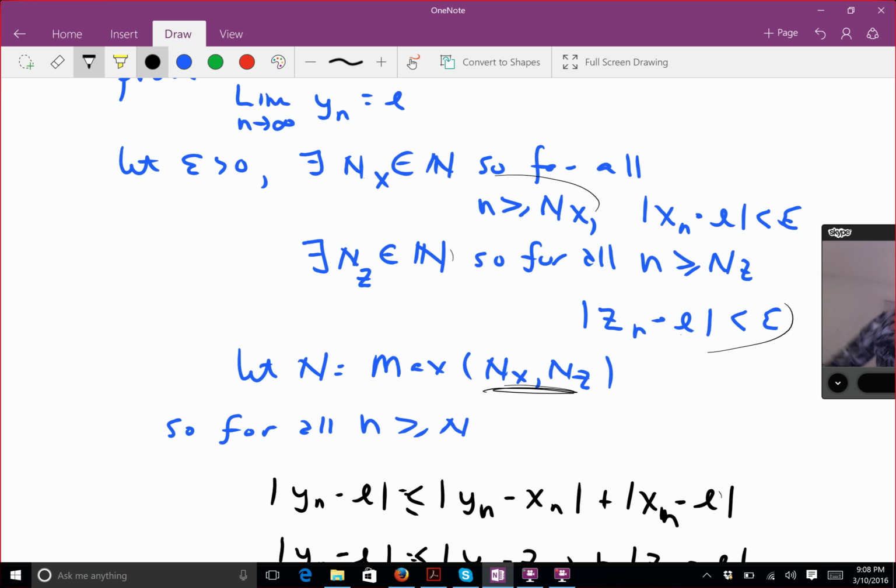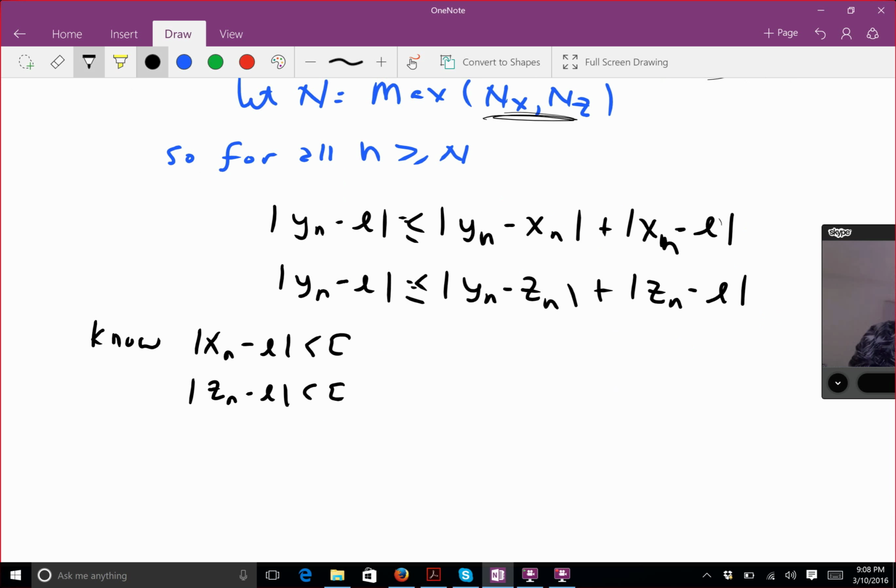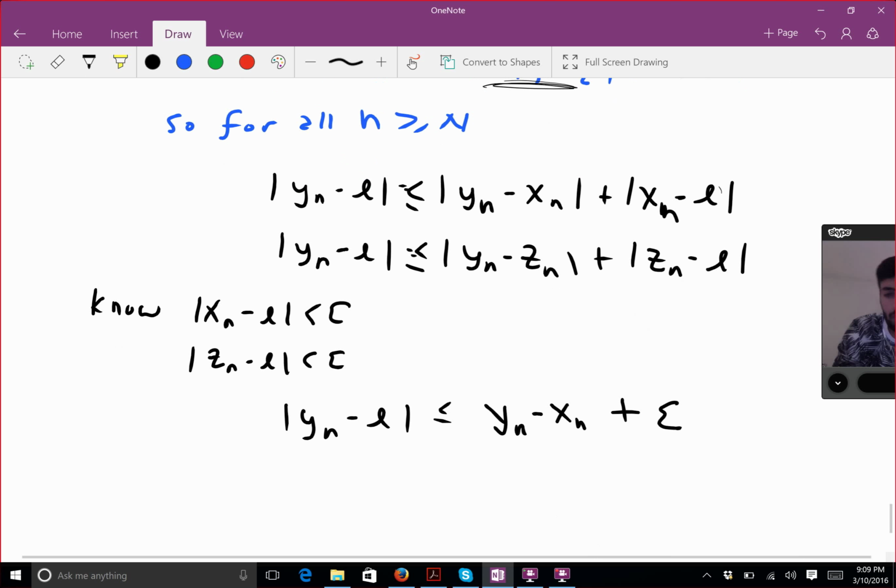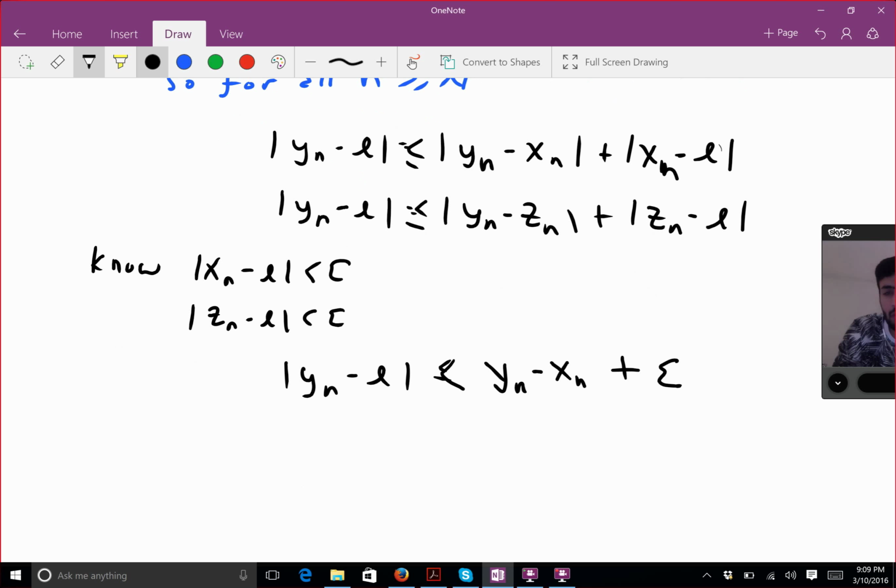Now I'm going to rewrite these. y_n minus L is less than or equal to, and I'm going to take off the inequalities because I know that y_n minus x_n is going to be greater than 0. This becomes plus epsilon.